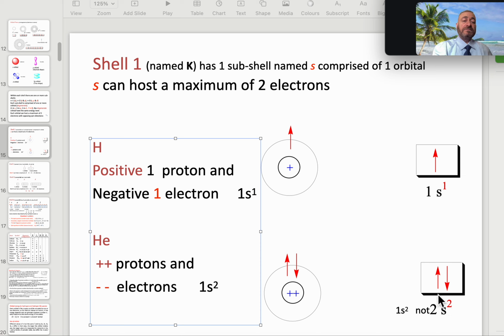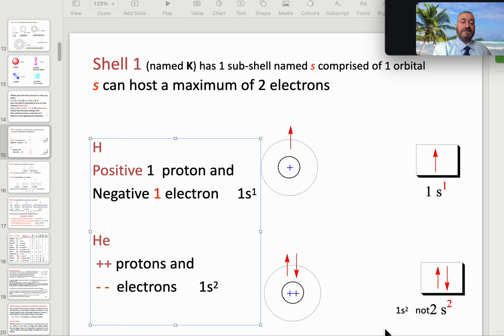If you put them both standing, like this, they will have a big repulsion, so they will both circle clockwise, and they will create lots of energy to repulse, and that makes the orbital unstable. So here we put them in opposite directions, and then they can sit here.